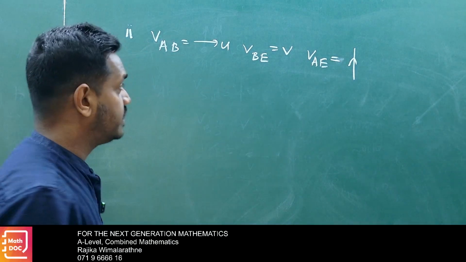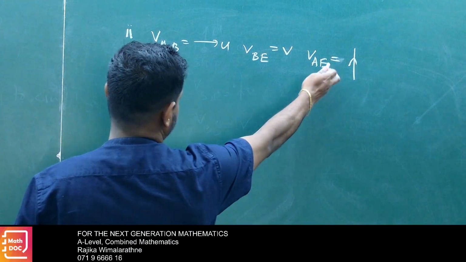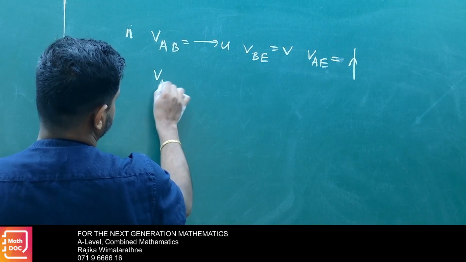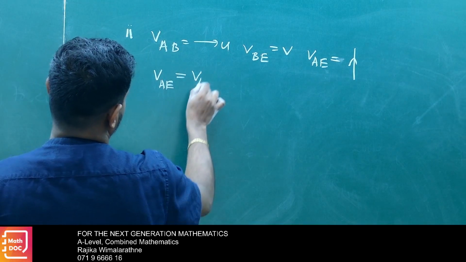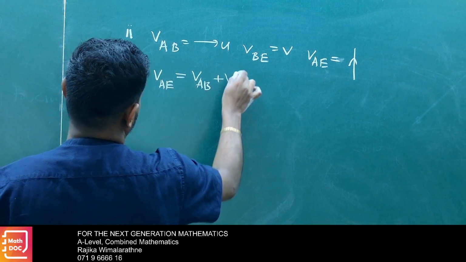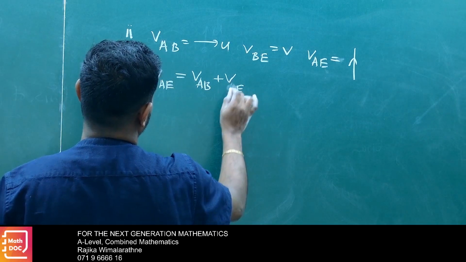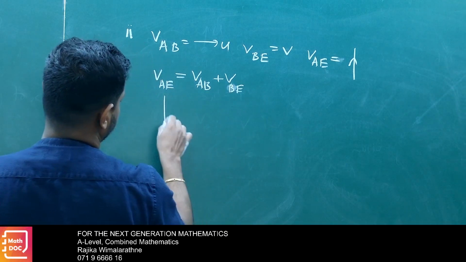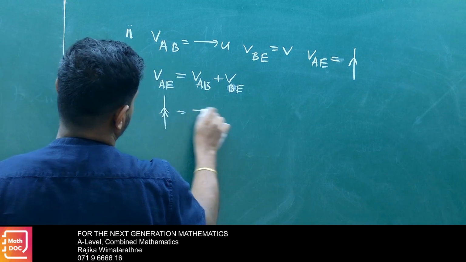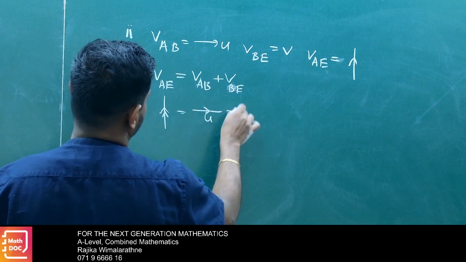You do it with me. Now here this is the direction known quantity, subject it and write the relative velocity theorem. VAB, VBE, then AE, AB, U, BE V.